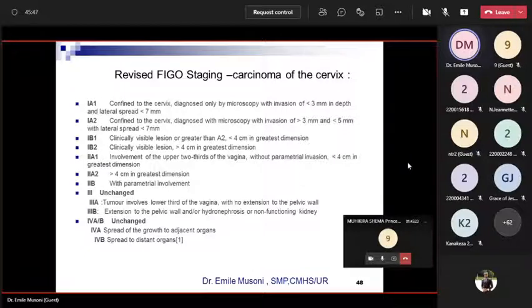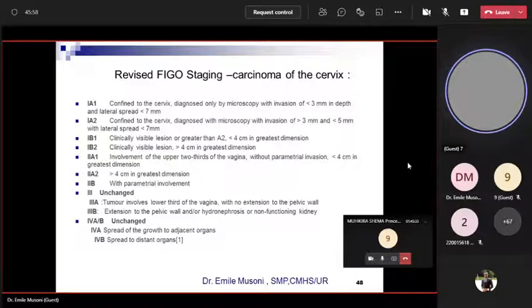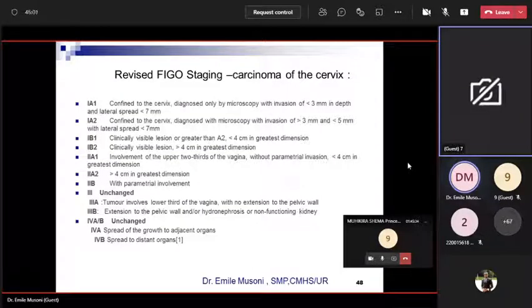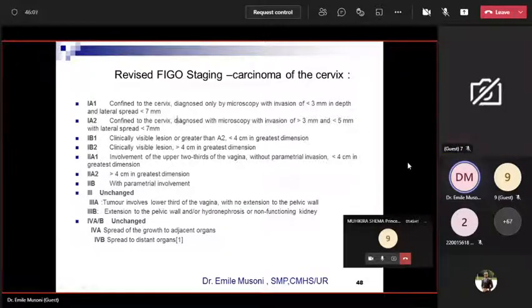For example, if you say stage 1A1, confined to the cervix, diagnosed only by microscopy with invasion of less than 3 millimeters in depth and lateral spread of 7 centimeters. This one is done by a pathologist.